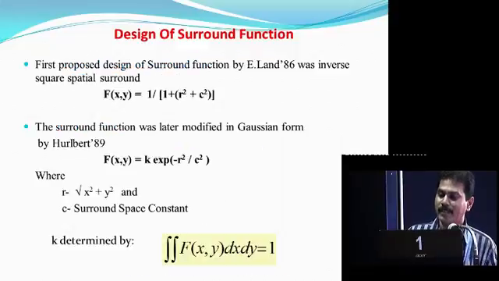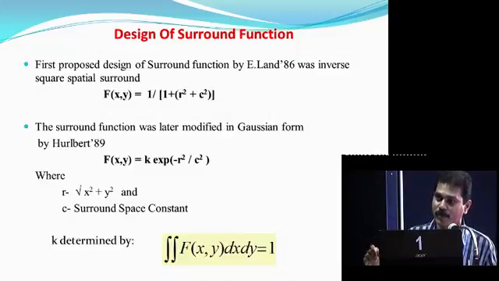The design of the surround function is one of the important factors. Earlier, Land proposed the surround function as 1 by (1 plus r squared plus c squared), where r is the square root of x squared plus y squared, and c is a spatial constant that is taken experimentally. Later, Hurlbert in 1986 found that a Gaussian function can be used as a surround function, because the Gaussian is centered on a particular pixel and weights its neighboring ones.